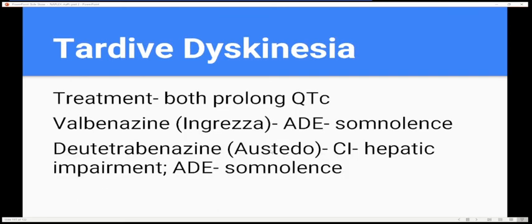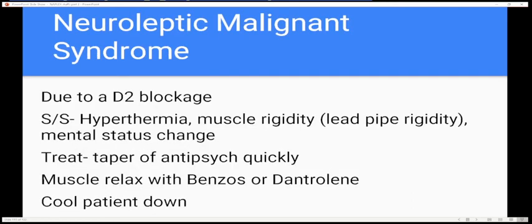Tardive dyskinesia treatments are valbenazine or deutetrabenazine. They both can cause somnolence, and the second one is contraindicated in hepatic impairment, so watch hepatic function. Then neuroleptic malignant syndrome, due to D2 blockade.